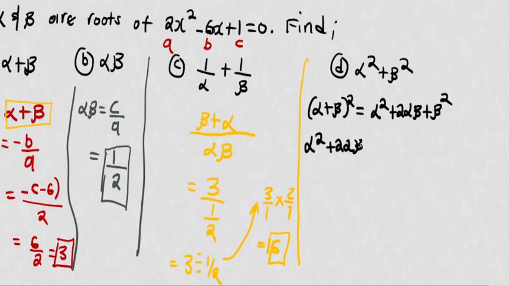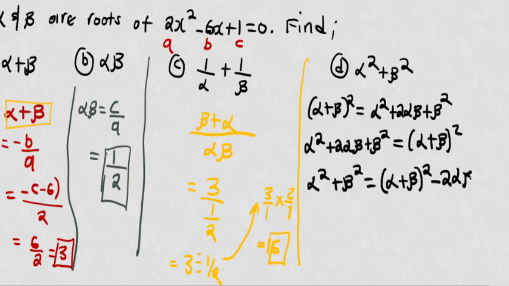Then alpha squared plus beta squared is equal to, now the 2 alpha beta is crossing the equal sign, and since it is positive, when it crosses the equal sign, it will be negative 2 alpha beta. Alright, from there we say alpha squared plus beta squared is equal to, what is the value of alpha plus beta?